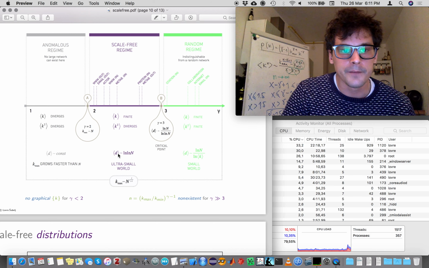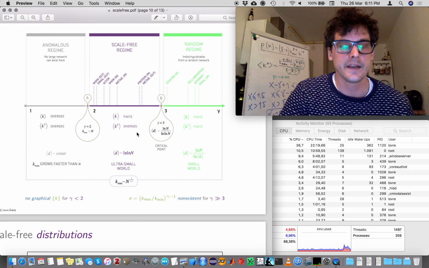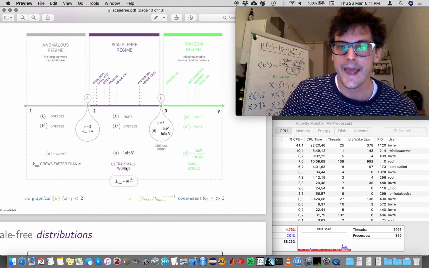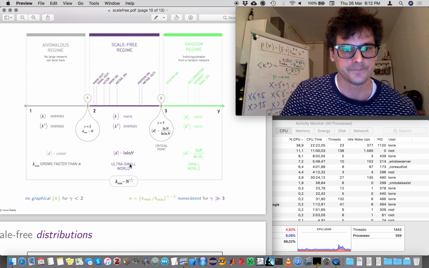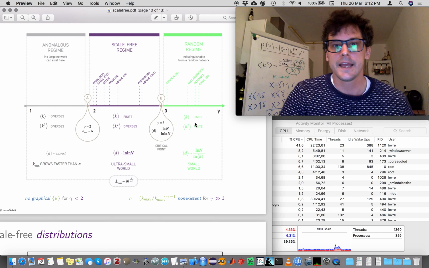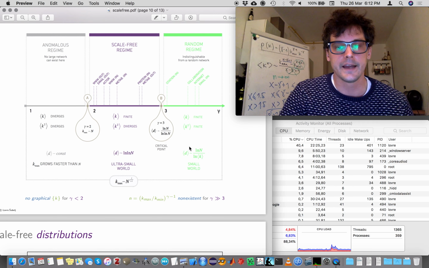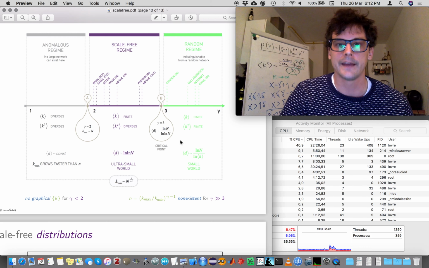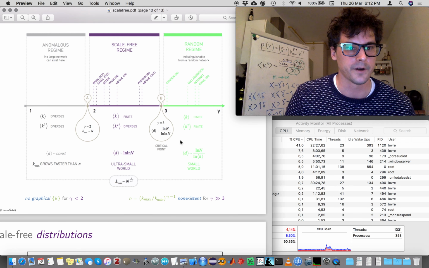We have shown or said that the distances in this scale-free regime are log log n, so something that you will call an ultra small world network, whereas in the case of gamma larger than 3, the distances scale as the logarithm of n, something that we already see in the case of a random graph.